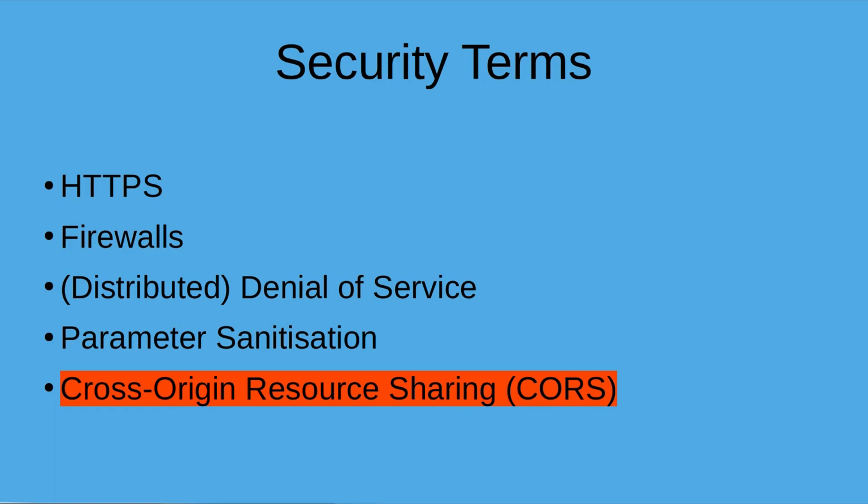Lastly, web browsers implement a security feature called Cross-Origin Resource Sharing, or CORS for short, which controls the web page's accessing of resources from a server on a different domain. By default, browsers enforce the same origin policy, restricting JavaScript from accessing the server's response if the web domains are different.